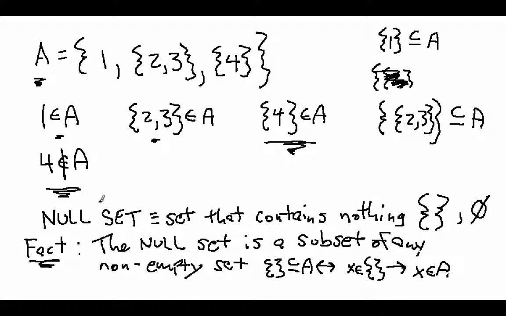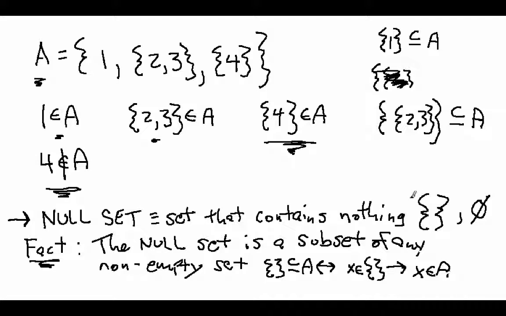Now, this is very important. We're going to be talking about this thing called the null set. There's a very strange set that exists out there in set theory, and it's the null set. It's the set that contains nothing. There is no element of this set. And we have 2 ways of denoting it.